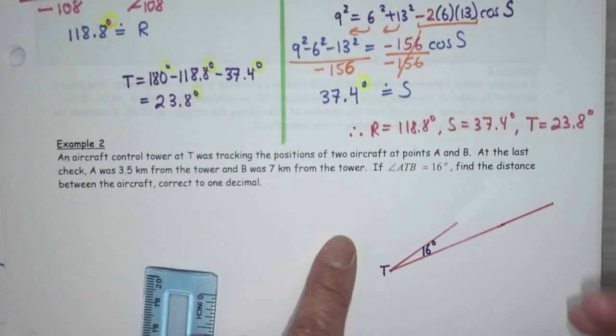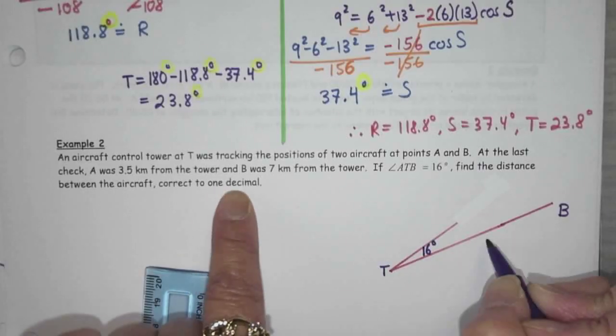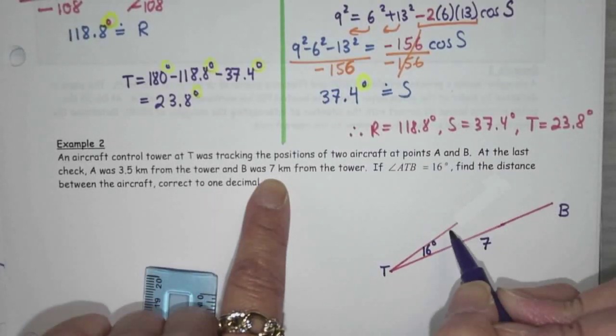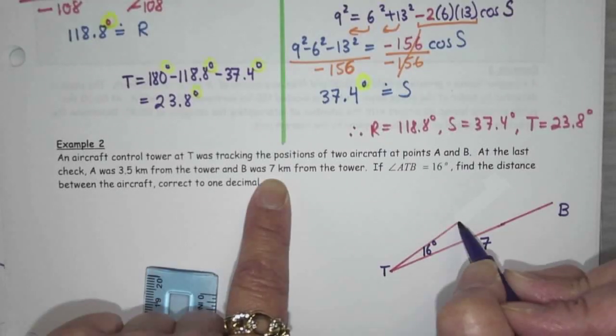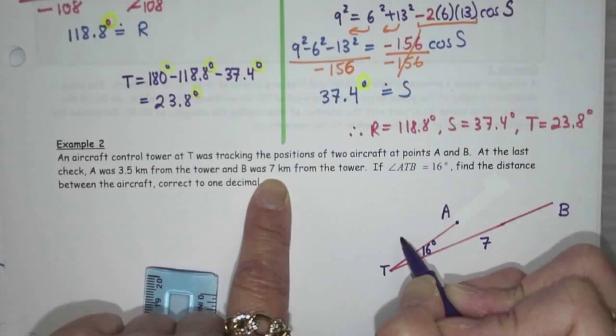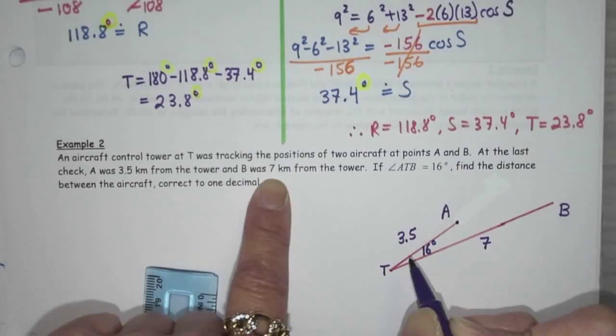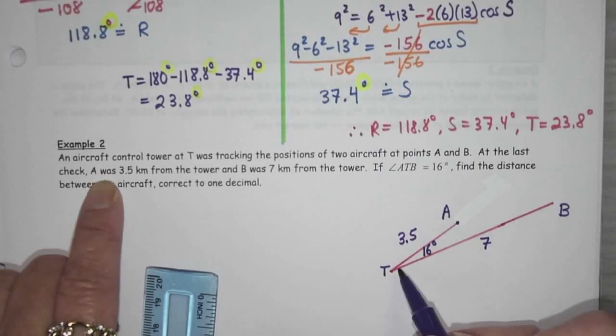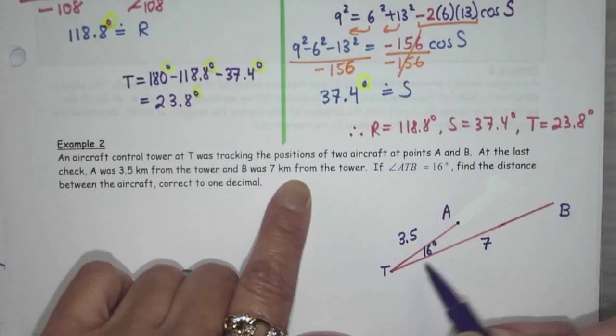There we go. So B is over here, and that would be 7. And A is 3.5 from the tower, so opposite. So A is here, and that should be shorter than this, about half. It doesn't have to be measured, just about half or shorter. So there, A is 3.5 from the tower, B is 7 from the tower.